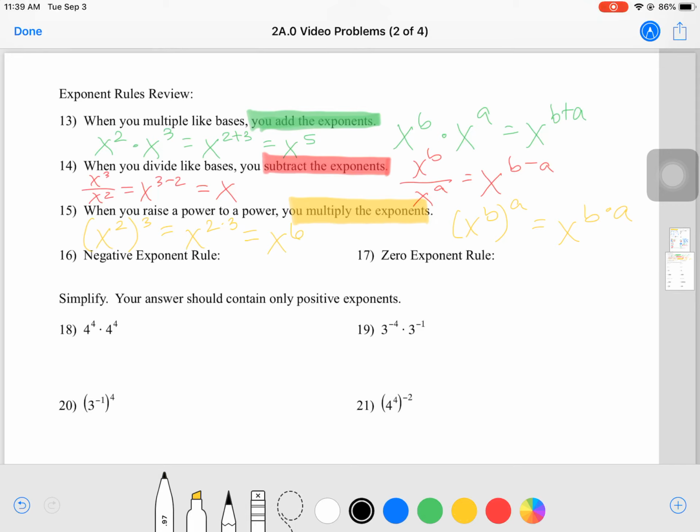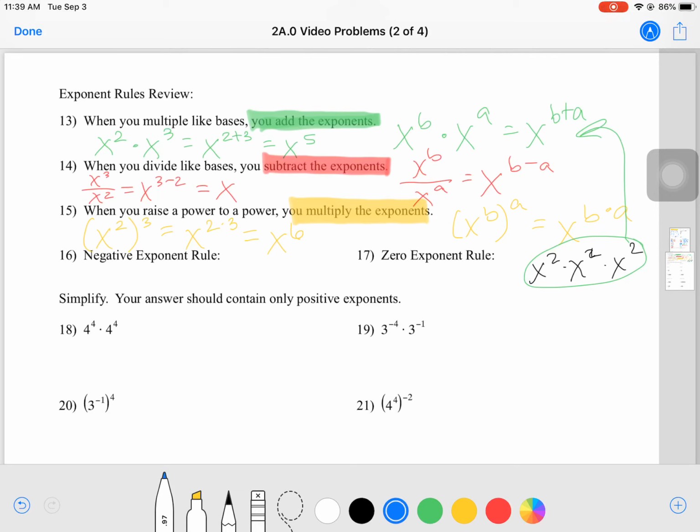The reasoning for that, if you don't remember from Algebra 1, I'm just going to write off to the side. X squared cubed is really 3 x squareds. And then this would send us back up to our addition rule, and we do 2 plus 2 plus 2, which is 6. So this rule kind of lets you bypass that.